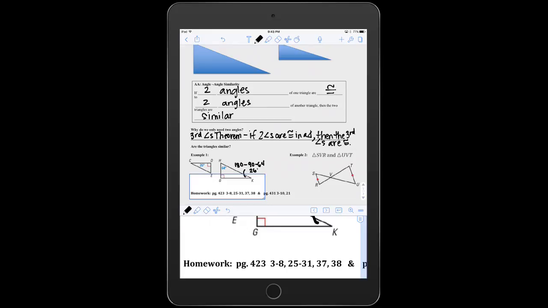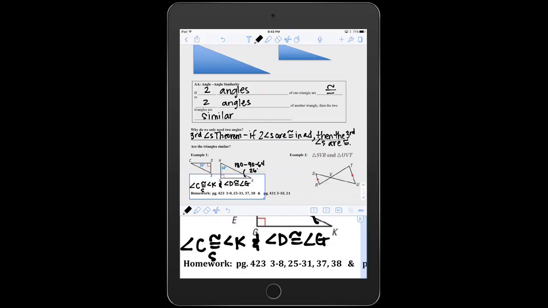And so now that I know all three angles in the triangle on the right and two of the angles in the triangle on the left, I can see that angle C is congruent to angle K, and angle D is congruent to angle G.